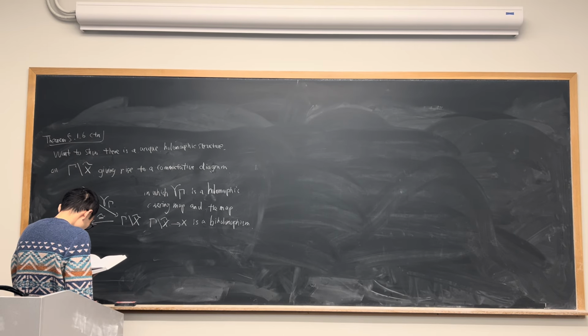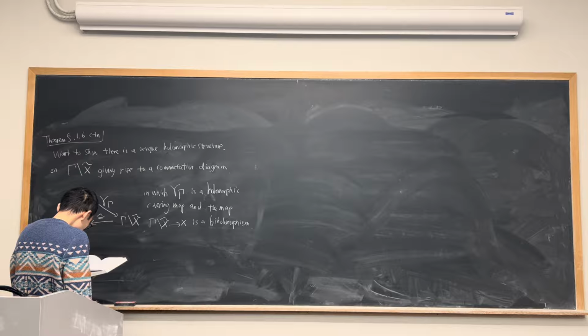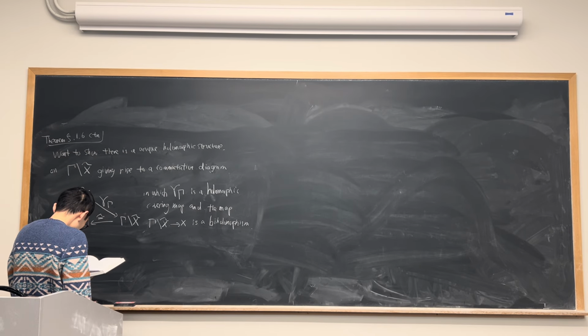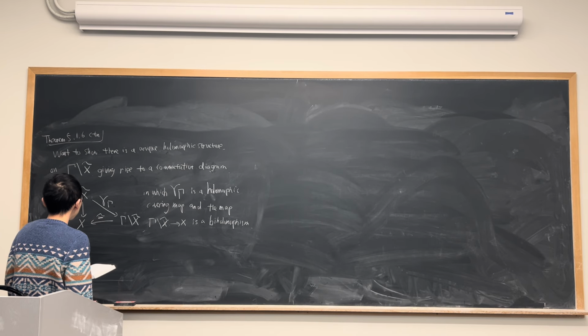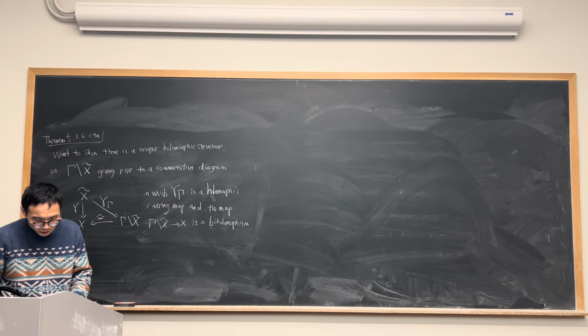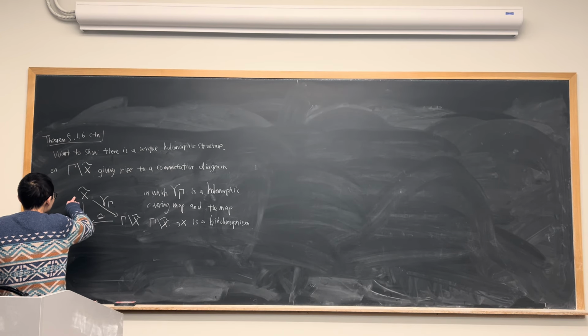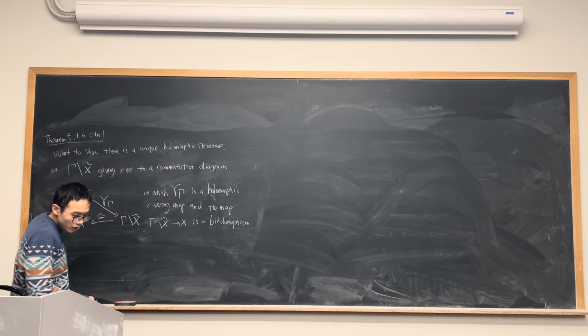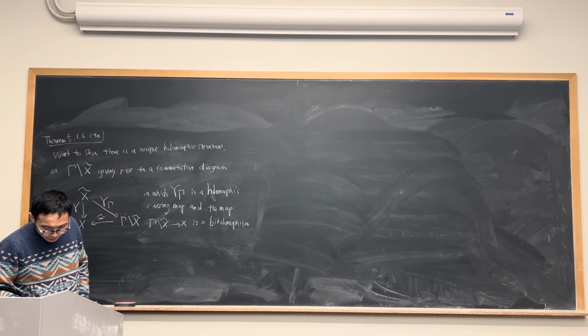Okay, so let's see. What is the actual holomorphic structure here? We know that this X is a covering Riemann surface, right?